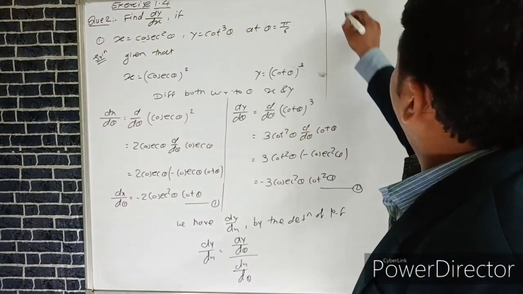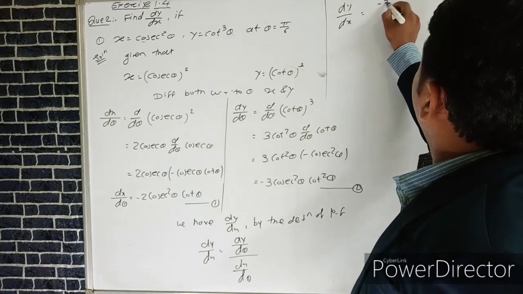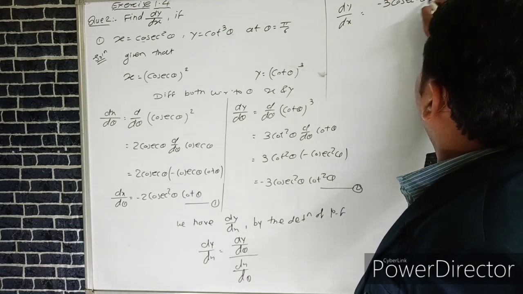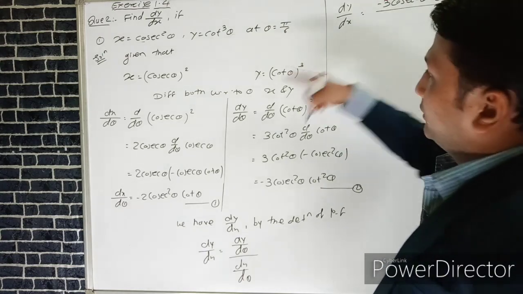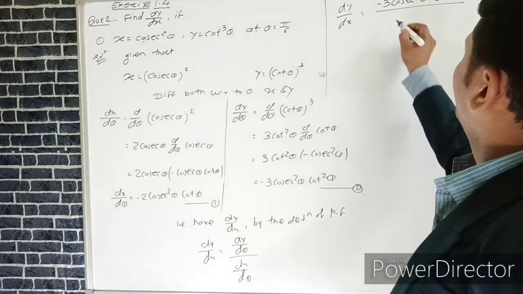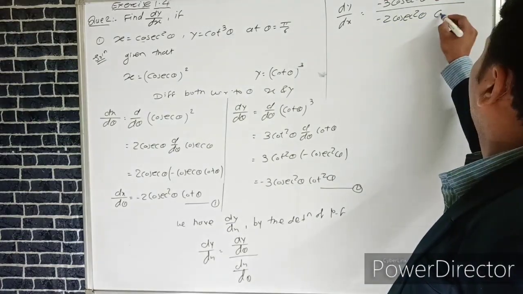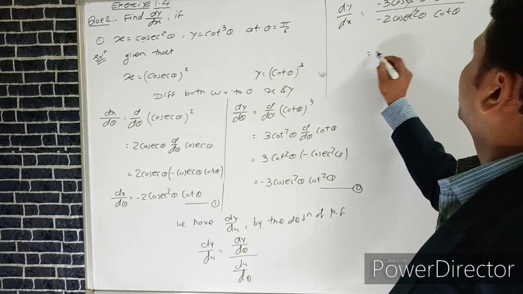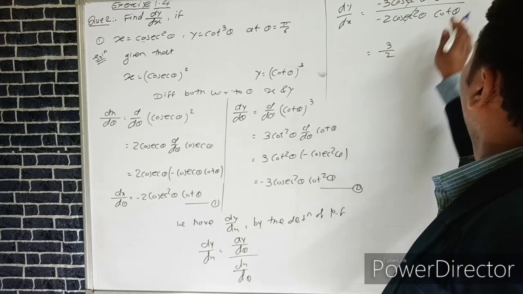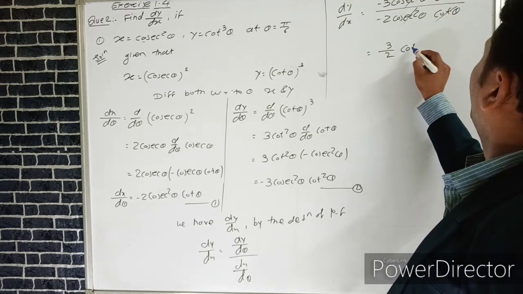Here the value of dy by d theta is minus 3 cosec square theta into cot square theta, upon dx by d theta, which is minus 2 cosec square theta into cot theta. Here cosec square cancels, minus minus is plus, we can write 3 by 2 cot square theta, cot cancels, which leaves only cot theta.